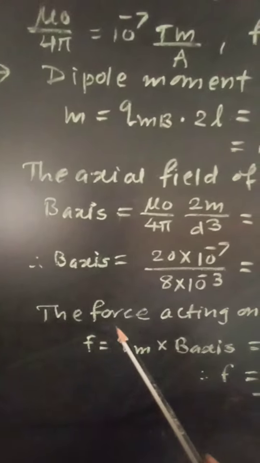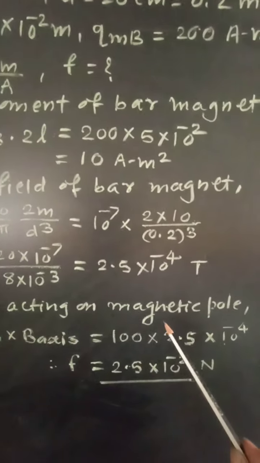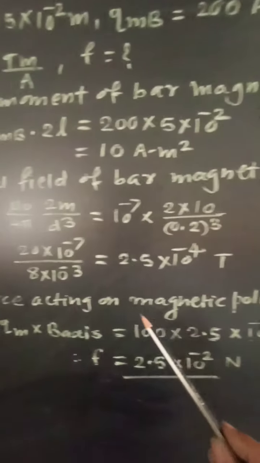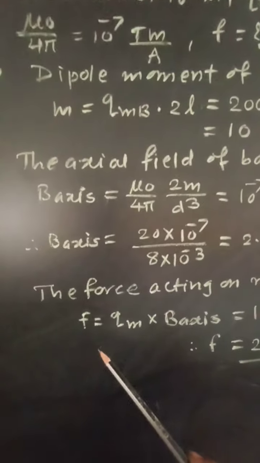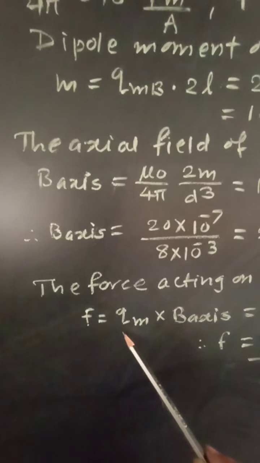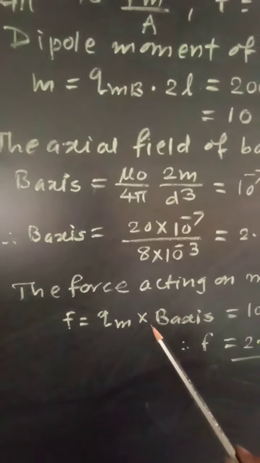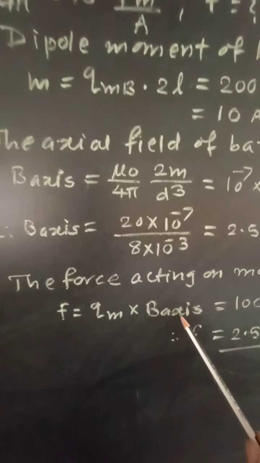Now the force acting on the magnetic pole will be given by the formula: the product of pole strength into the axial magnetic field.